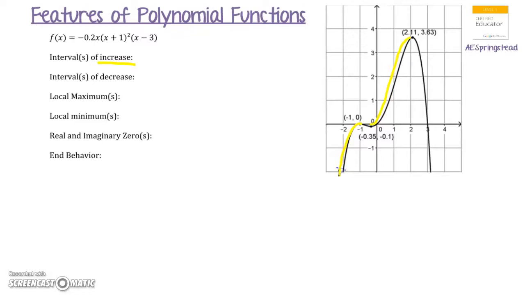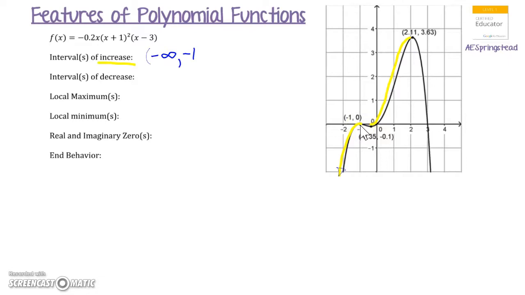So for this first interval of increase, I know that it goes all the way over to negative infinity because it keeps going to the left, and it's going to go all the way up to -1. So this point right here where it stops increasing.